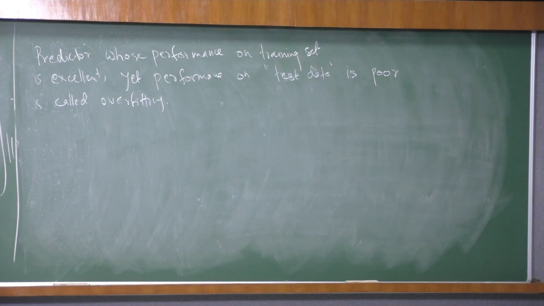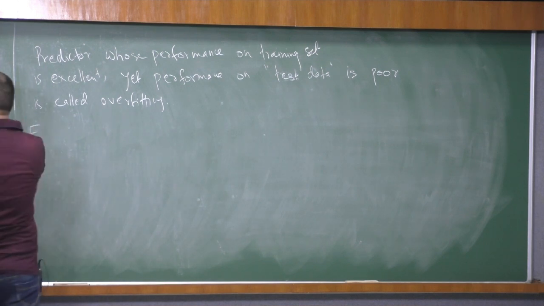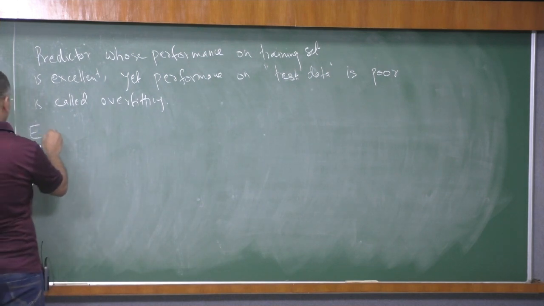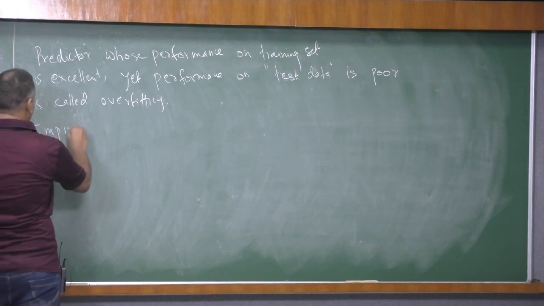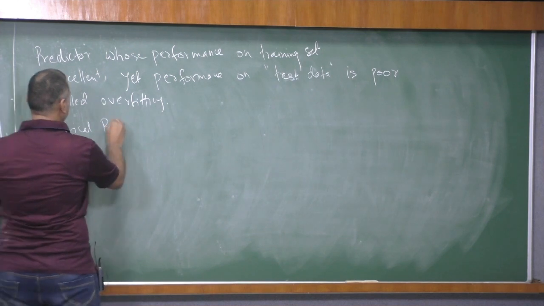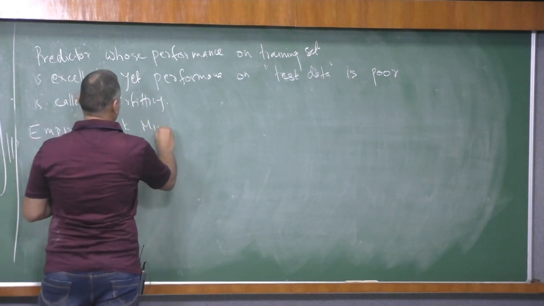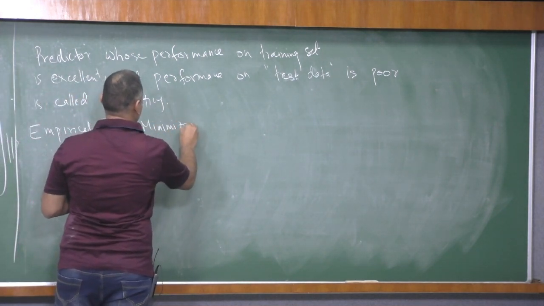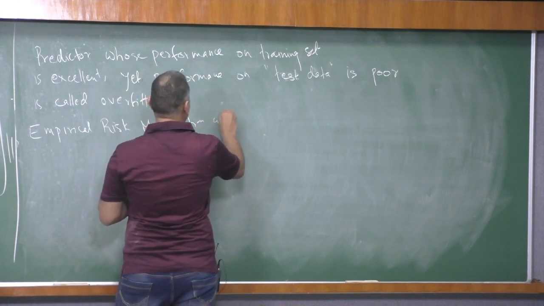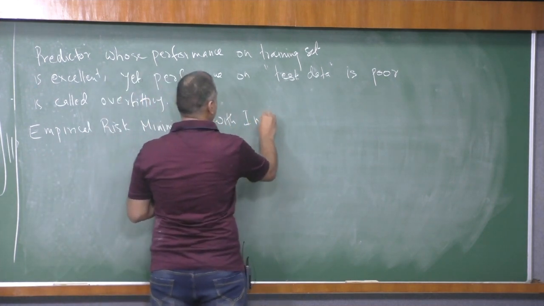By inductive bias we mean we are coming up with some template, and then from that template we look at how the training and test error is going to behave. So hence there is a new section on this. It's called empirical risk minimization with inductive bias.